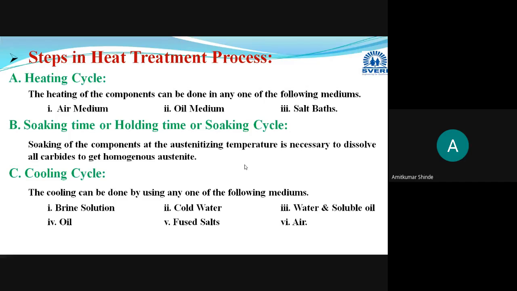Now, when you are performing the heating in the air medium, this heating will be non-uniform and very slow. And as this is non-uniform and slow heating, you are not able to get fine grain sizes, and there may also be chances of some distortion and cracking, or sometimes decarburization or oxidation will occur at the higher temperature ranges.